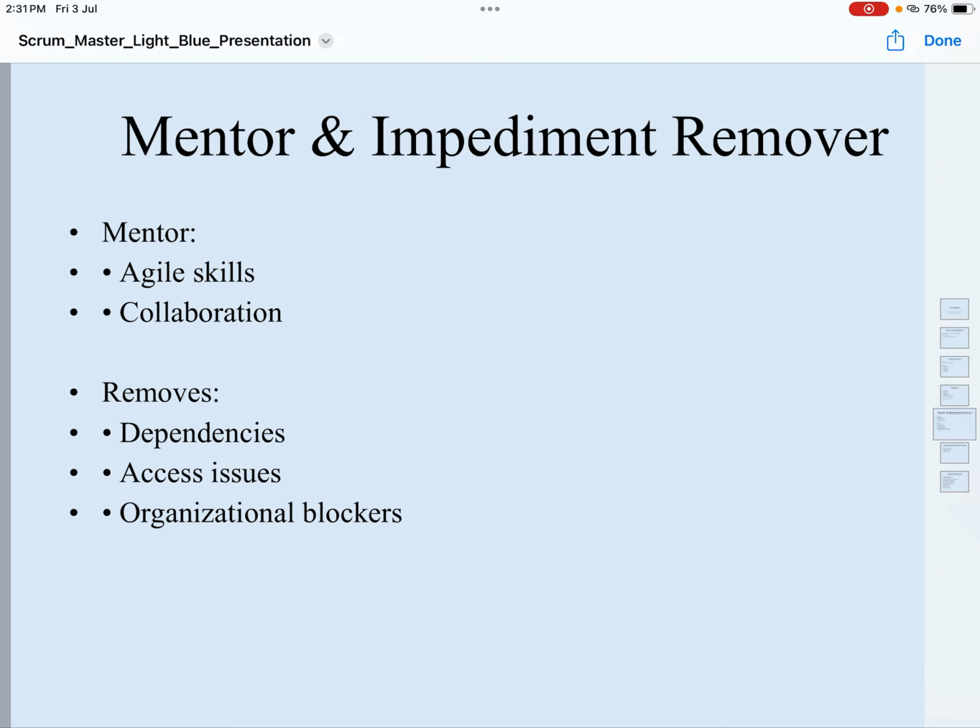So it will be your duty, at times when the team is not able to remove those hurdles by itself, to come in full-fledged in the doing mode, where you actually take actions in order to remove those issues which the team is unable to. Okay, and it would be the last step. Of course, first you have to make the team self-managing, so strong that it is able to manage itself and remove those impediments. But in case they fail, then you have to come into the picture where you will be doing the job.